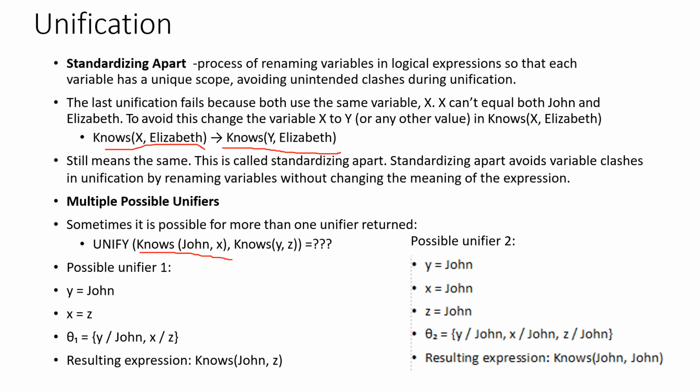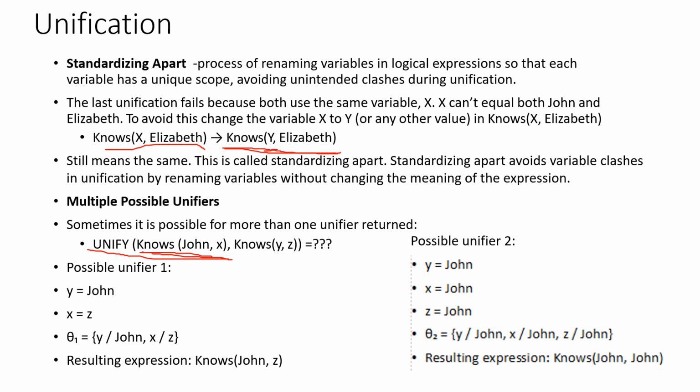So we are applying standardizing apart. That means rename the variable in the second expression. Here you can see it is renamed as y. So the second expression will become Knows(y, Elizabeth). So in this case, if we are comparing these two expressions, Knows(John, x) and Knows(y, Elizabeth), y can be John and x can be Elizabeth.